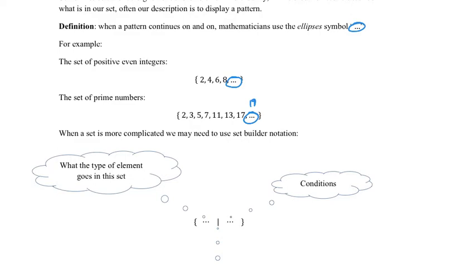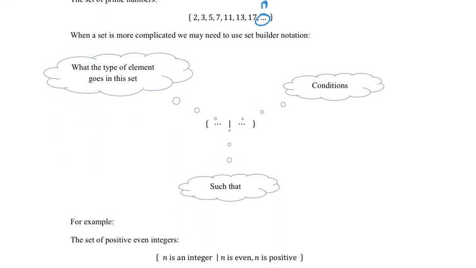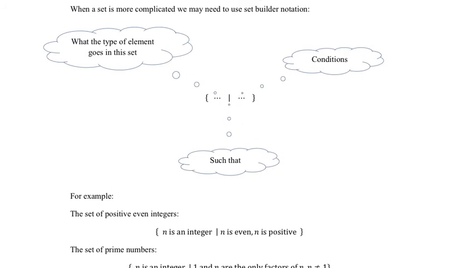Okay, now if we need to get even more fancy or complicated, we use builder notation. So the builder notation we briefly discussed in the warm-up problem, or very briefly. We build it again with curly brackets, open set, close set. Now this time what goes on the left-hand side of the bar is what the stuff in the set looks like.